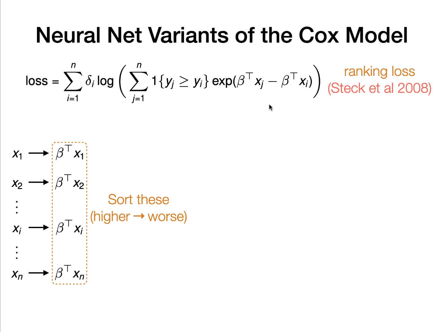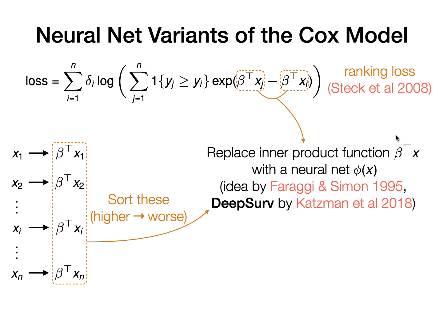To get a neural net variant of this is very simple. You replace the inner product beta transpose x with a neural net, phi of x, okay? In fact, beta transpose x is a special case of a very simple neural net that consists of a single linear layer with no bias and no nonlinear activation.